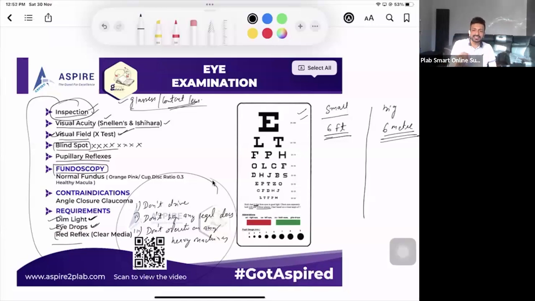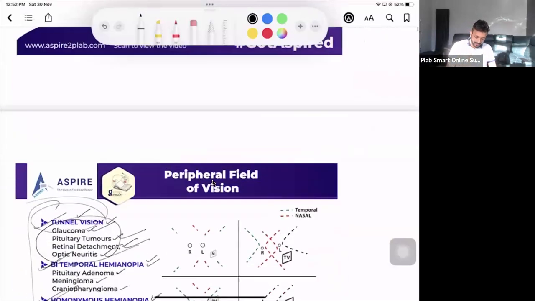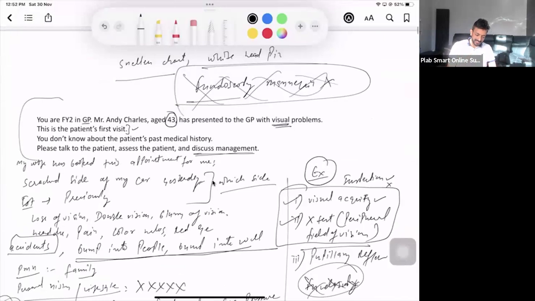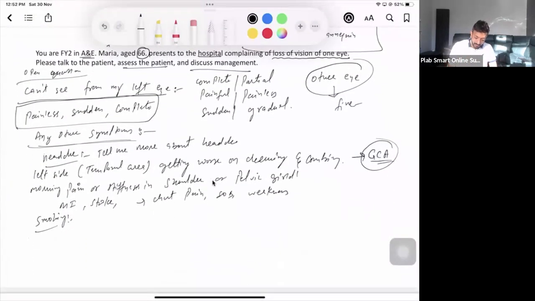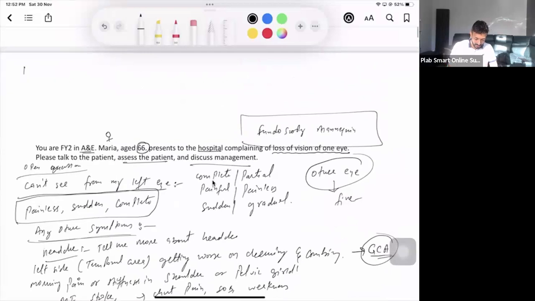The patient said, I can't see anything. When you go in the cubicle, you also see the fundoscopy mannequin. The history is complete loss of vision all of a sudden, painless, and the fundoscopy mannequin is there. So you will be doing fundoscopy here. Make sure you prepare the patient. How will the preparation be done?